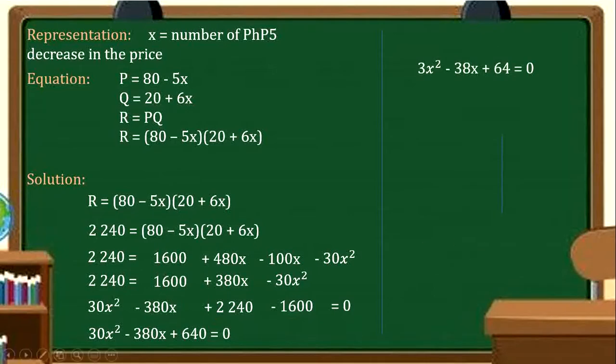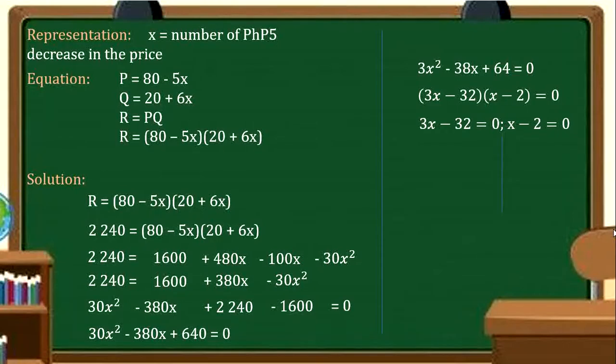So, pwede natin i-simplify as 3x squared minus 38x plus 64 equals 0. So, divisible by 10. So, now, let us have factoring. So, we have 3x minus 32 and then x minus 2 equals 0.